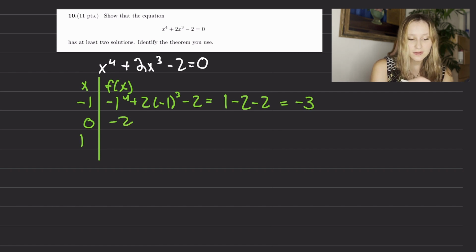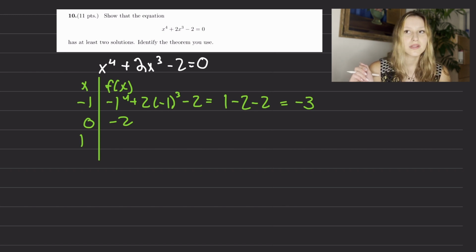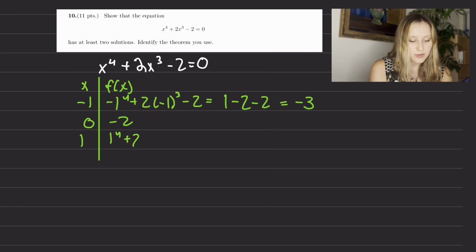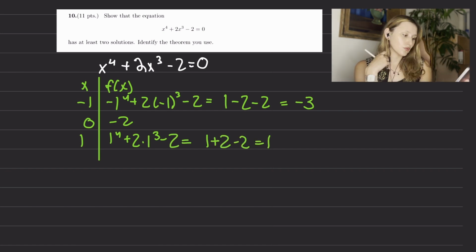Okay, and then we have 1. We have 1 to the 4th plus 2 times 1 to the 3rd minus 2, which is 1 plus 2 minus 2 is equal to 1.